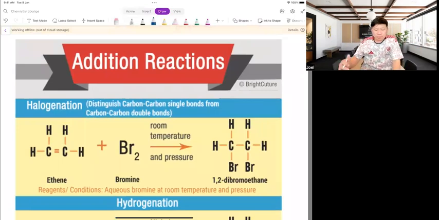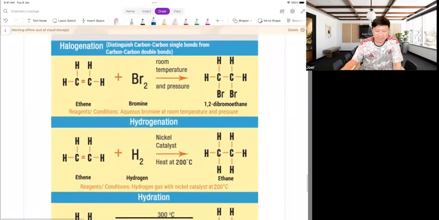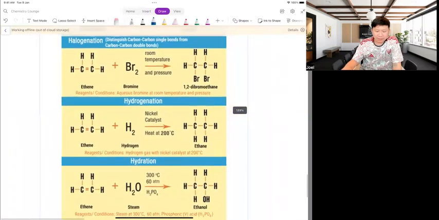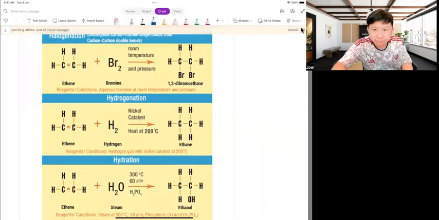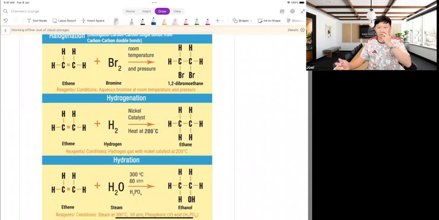So what does addition mean? Actually, if you look at this whole page, it's the same, right? Can you spot a pattern? These three, there's a similarity. Can all of you tell me a pattern before I continue? Not 2 carbon. I show you. Look at these three. When the reaction proceeds, do you agree that I break one of my double bonds?